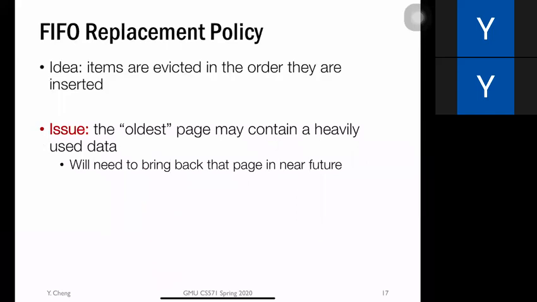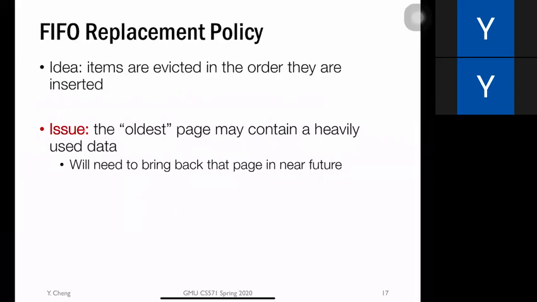So FIFO, as one of the simplest cache replacement policies, has some fundamental issues. The very first issue is that the oldest page sometimes may contain heavily used data, or the oldest page might not necessarily be the most useless data, right?